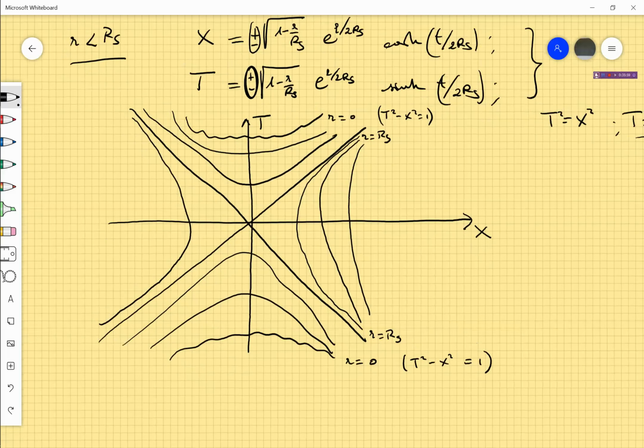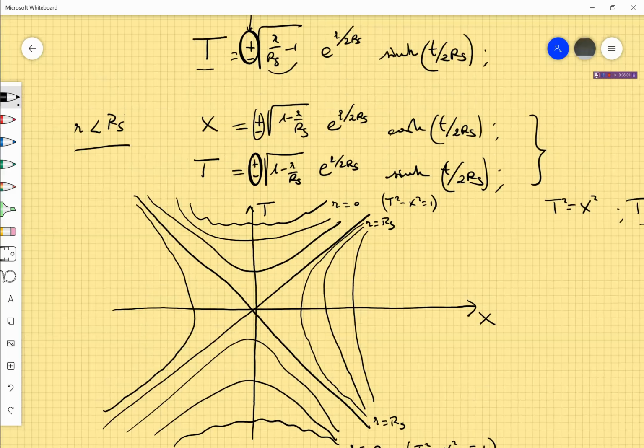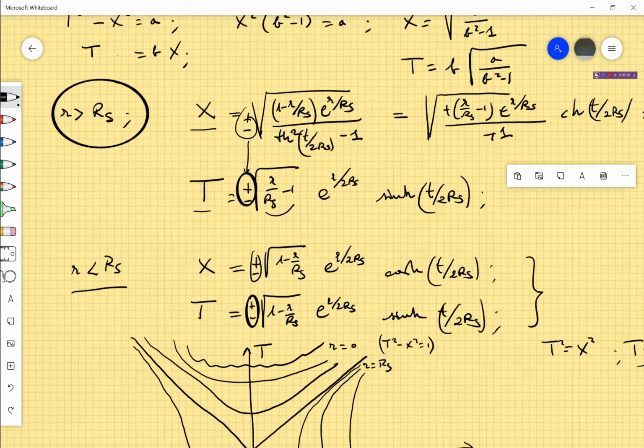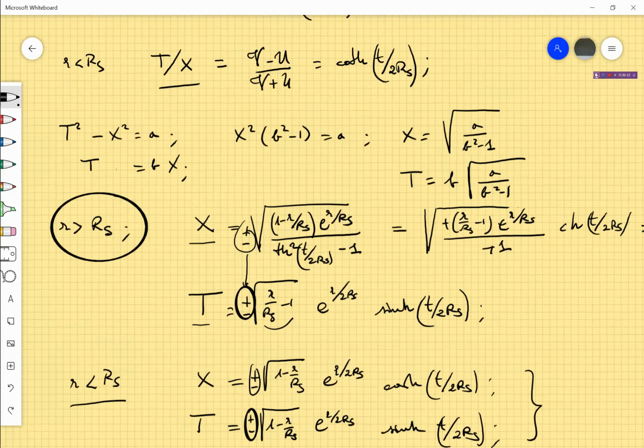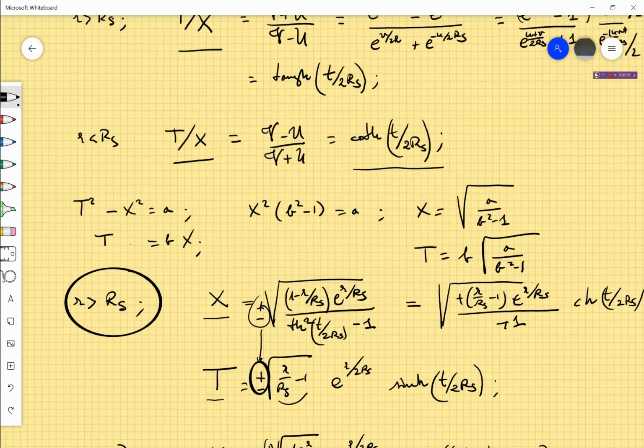How about the time coordinate? Well, if you want to look at it from here, the best way to do it is to look at this expression, where you get the quotient of t and x, for constant values of t. And you see that for each constant value of t, this hyperbolic cotangent, or the hyperbolic tangent, is some number that gives you the proportionality between t and x.